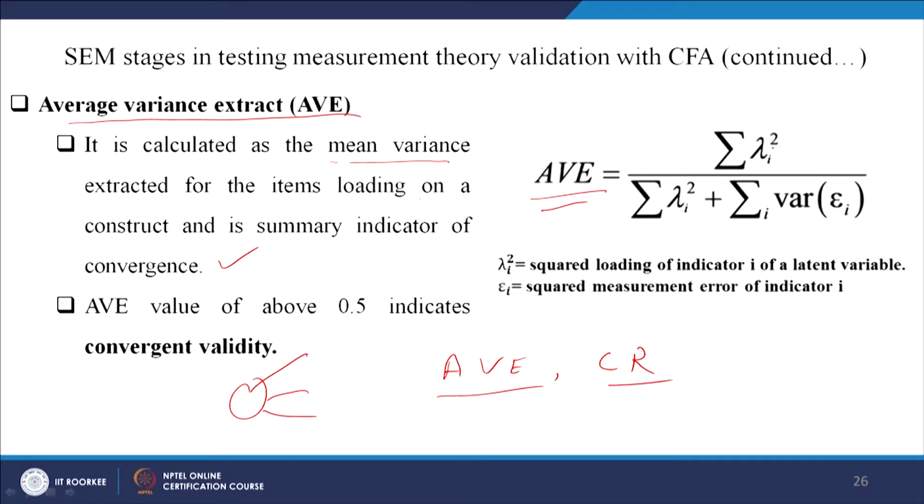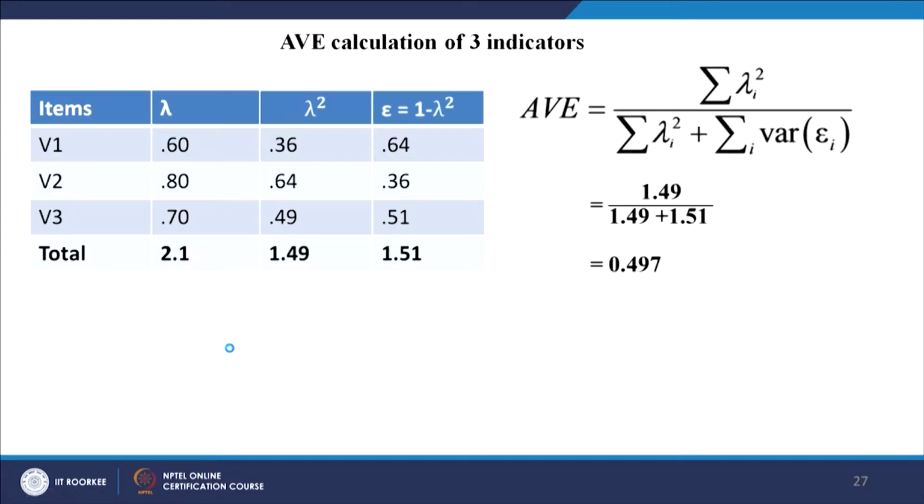There are 3 variables, so lambda 1 square plus lambda 2 square plus lambda 3 square, divided by the summation of lambda square plus variance. Variance is nothing but 1 minus lambda square, we will see that next. An AVE value above 0.5 indicates convergent validity.